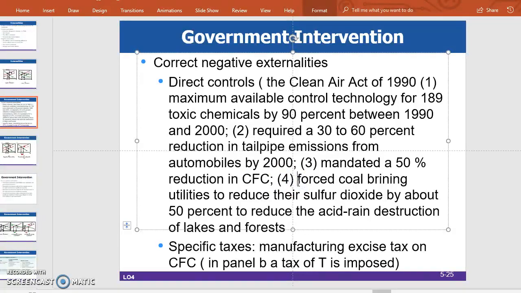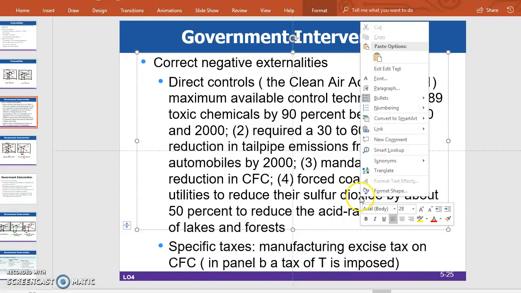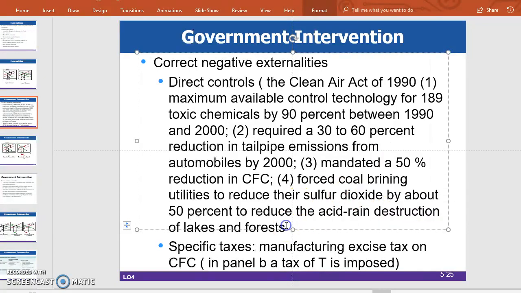And then it forced coal burning utilities to reduce sulfur dioxide by about 50%, to reduce the acid rain destruction of lakes and forests. So sulfur dioxide is a harmful chemical responsible for the acid rain destruction of lakes and forests.